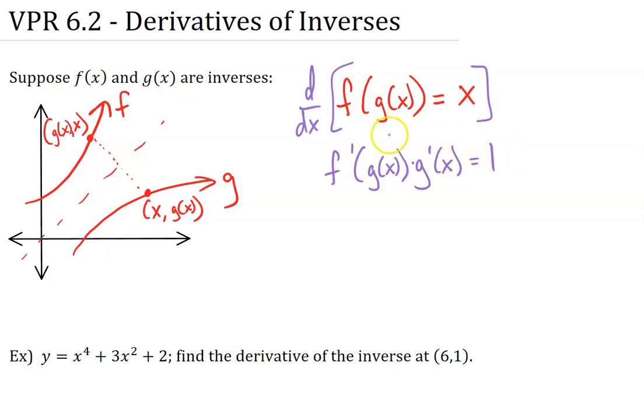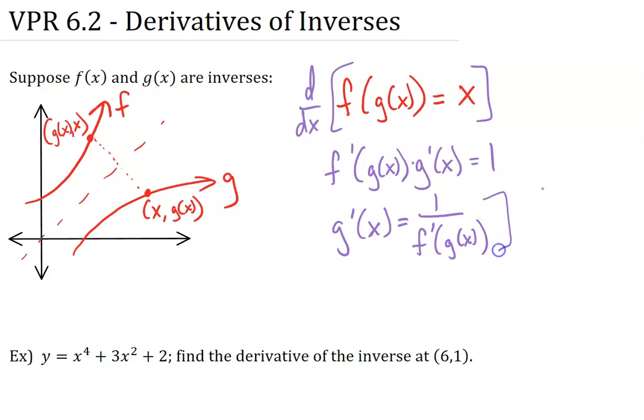So if I'm looking at this equation and I want to solve for g prime of x, I can divide both sides by f prime of g of x, and I get g prime of x is equal to 1 over f prime of g of x. So this tells me that if I'm trying to find the derivative at a specific point on the g function, I don't actually need to know what the equation for g of x is, because I can find the reciprocal of the derivative of the corresponding point.